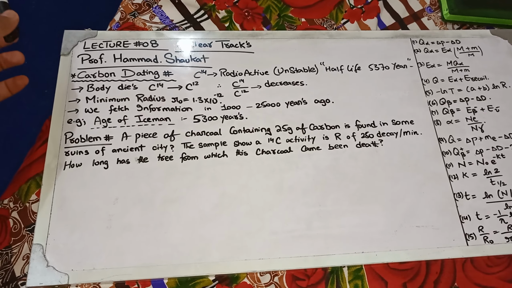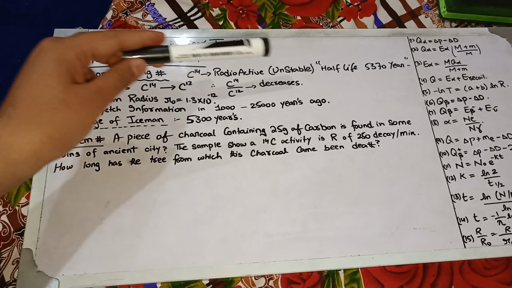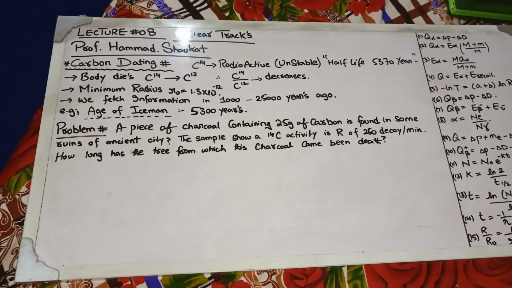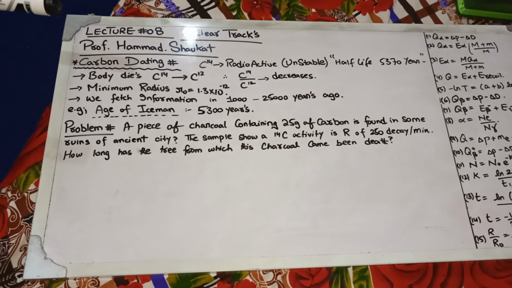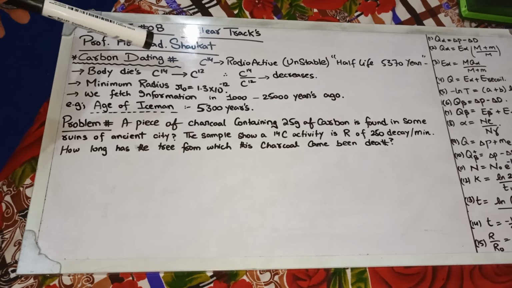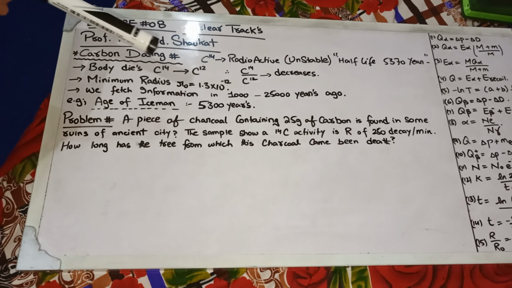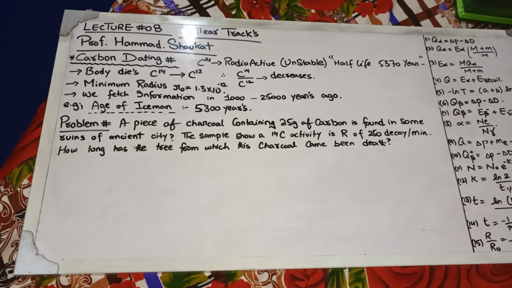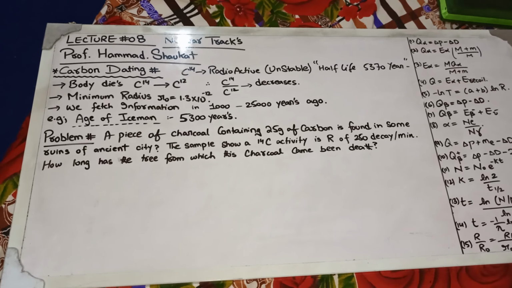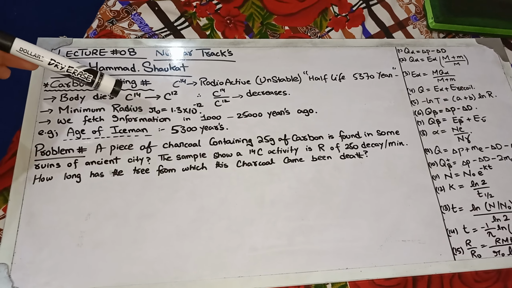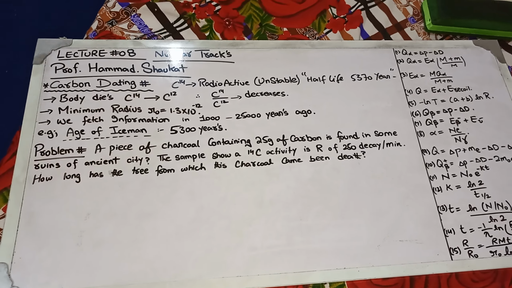The half life of carbon 14 is 5370 years. Whenever carbon 14 decays, it decays into carbon 12. The practical example is whenever a body dies, either a human body or an animal body, carbon 14 decays into carbon 12.